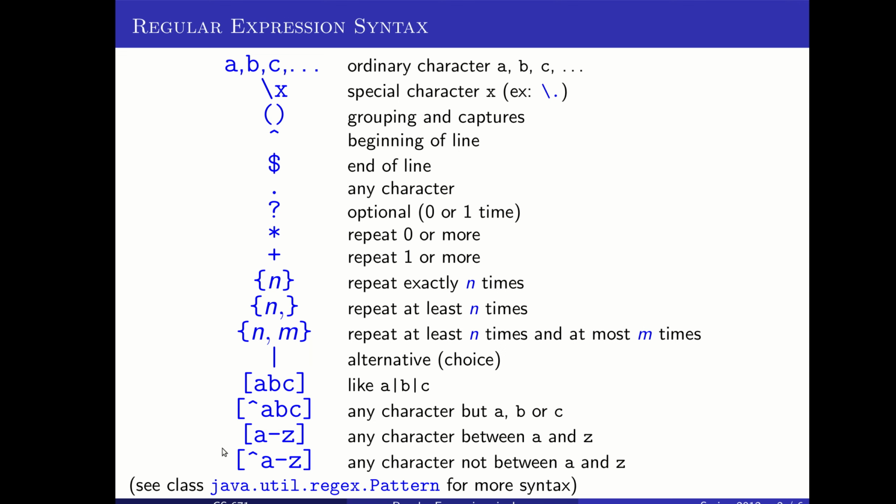And then similarly, you can say not that range. So if it's not A through Z, then we would match to it. So these are some of the syntax. You can find plenty more syntax of how you can build regular expressions in lots of resources online. The Java APIs for java.util.regex.Pattern will show you some too.